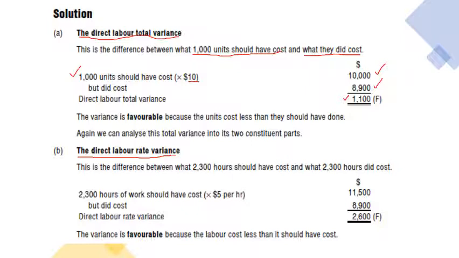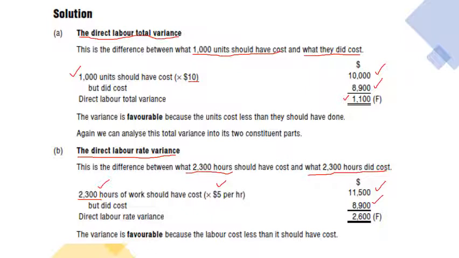This is the difference between what 2300 hours should have cost and what 2300 hours did cost. These are the actual hours, and you multiply with the standard rate, you get $11,500. And the actual cost of these 2300 hours was $8,900.